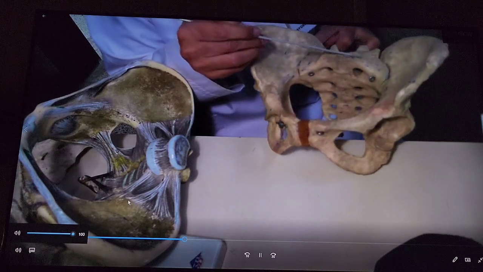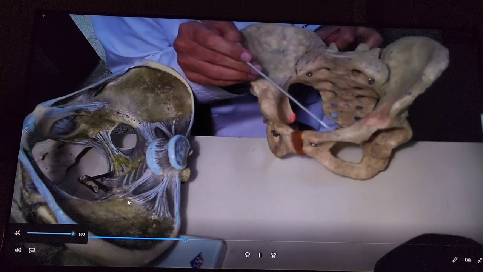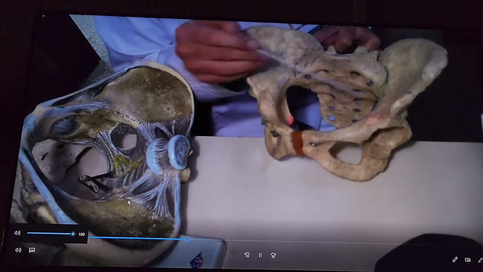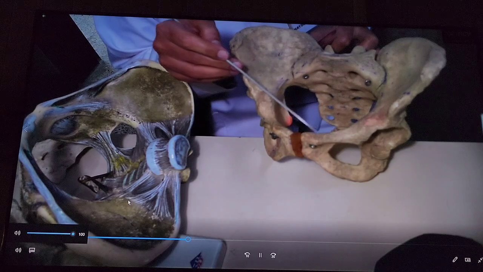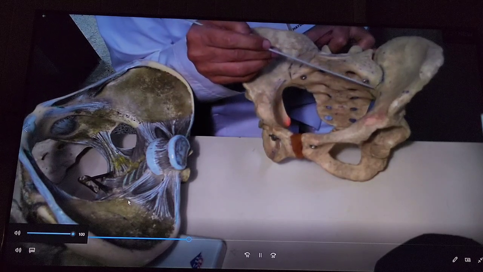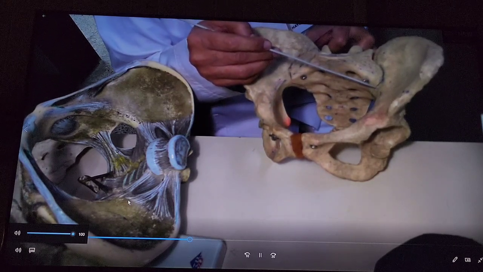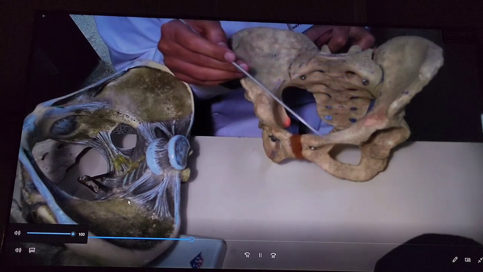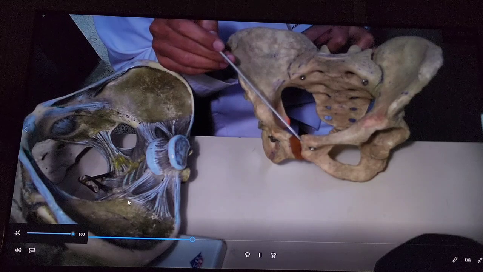All these structures together form a line. This line is called the linea terminalis.